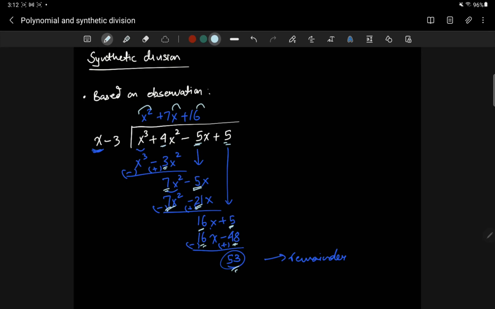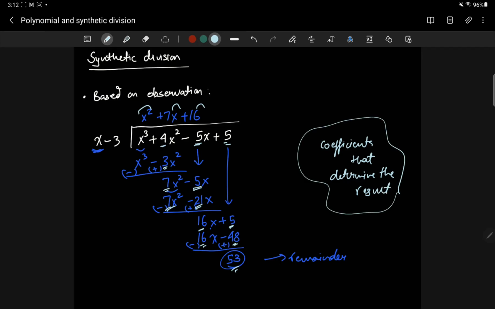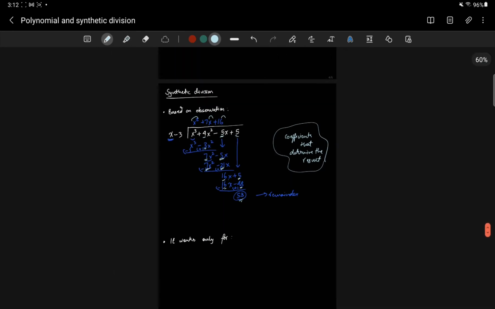We made sure of that by following the rule of writing everything in decreasing powers of x. So what's important is that it's just the coefficients that determine the result. And that is exactly what leads to the process of synthetic division. So in the synthetic division case, we are only going to look at coefficients.